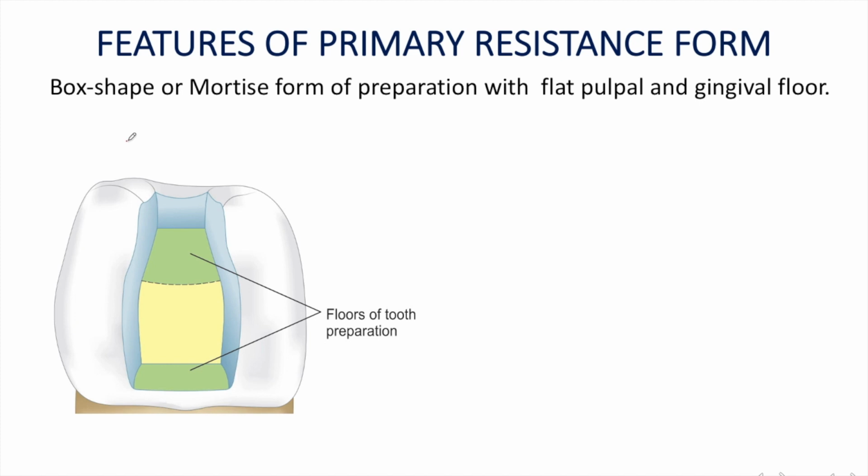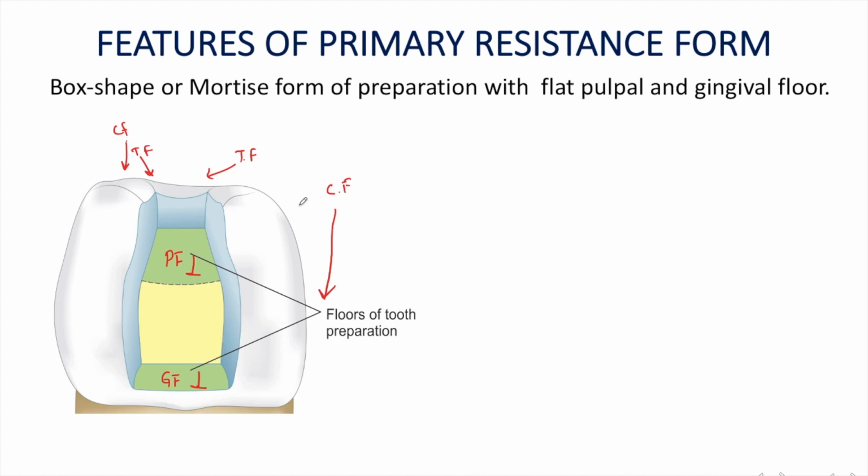Now let's understand how it works. A tooth and restoration experience many types of forces like compressive forces, tensile forces, shearing forces, etc. To resist the compressive forces which are acting parallel to the long axis of the tooth, the floors of preparation should be made perpendicular to the long axis of the tooth. For example, in this image, you can see that the pulpal and the gingival floor are made perpendicular to the long axis of the tooth.